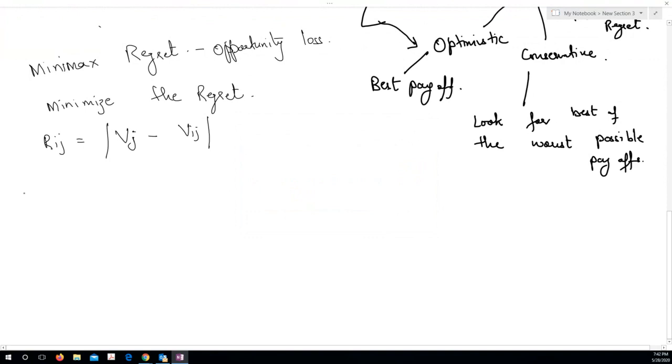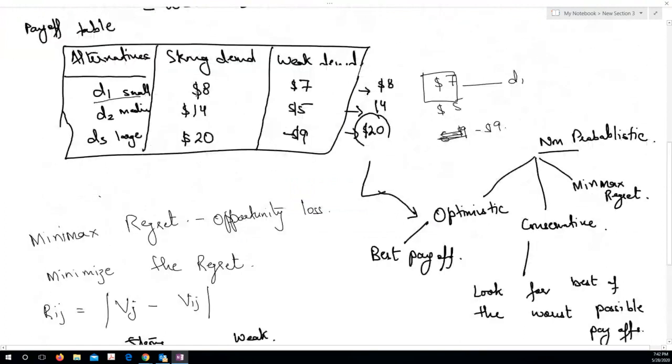To find regret, we have to create a regret table. How can we create a regret table? We have three alternatives, and we have two kinds of demand, strong and weak demand in the future. So there's the first alternative, and we have a payoff. To find the regret, first we will take a subtraction from the column max.